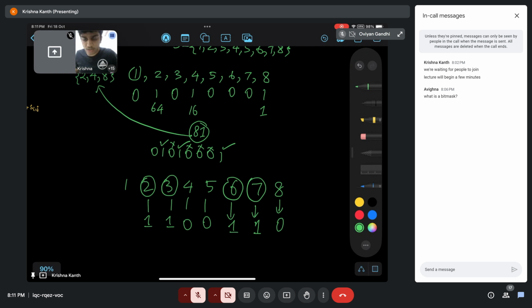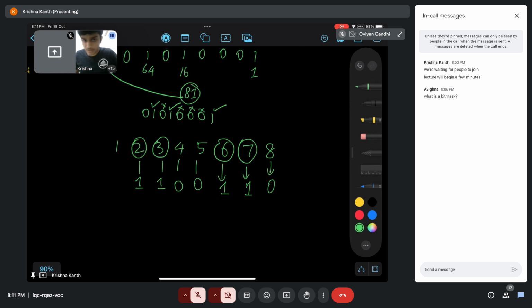So I'm assuming everyone here knows how binary numbers work. If somebody does not, I can explain. Okay, people say they know. So now, can anybody tell me what this would correspond to in binary representation?